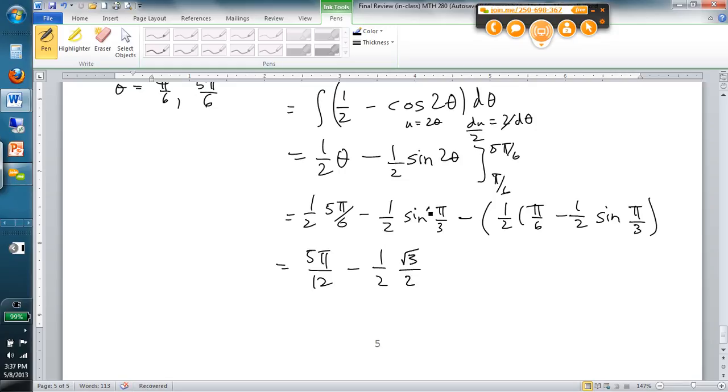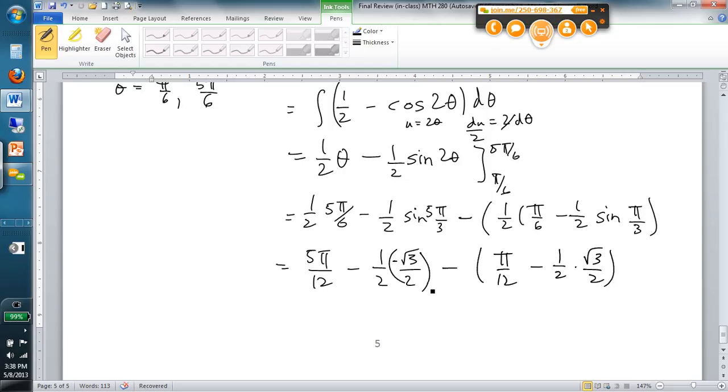5 pi over 3? Okay, if you want to. 5 pi over 3, which is still square root of 3 over 2. No, actually, is that a negative? That's going to put it in quadrant 4, so that's a negative. Thank you. All right, then minus, that would be pi over 12. 5 pi over 12, okay, so that's my square root of 3 over 2.